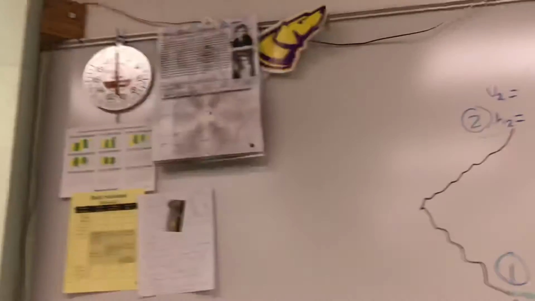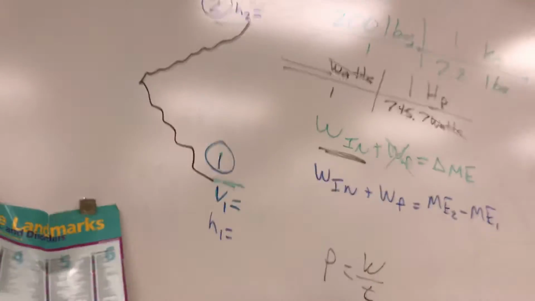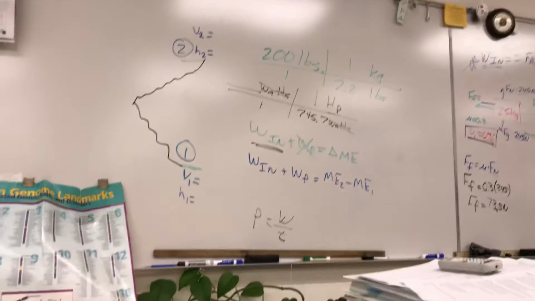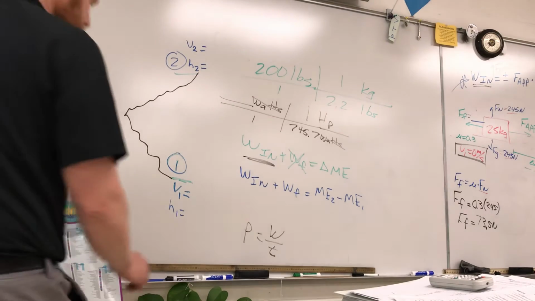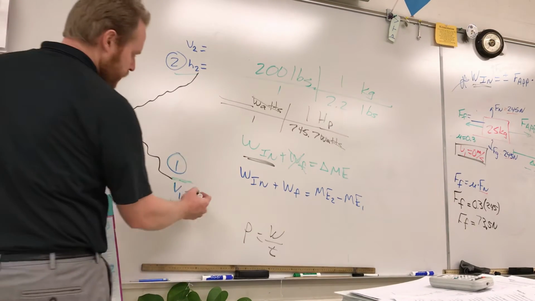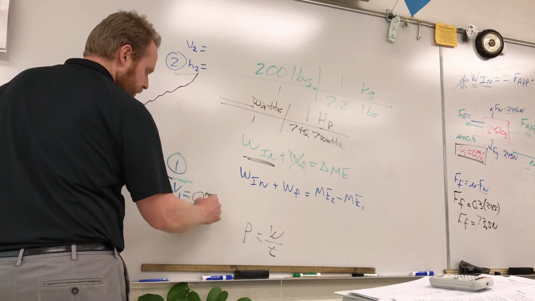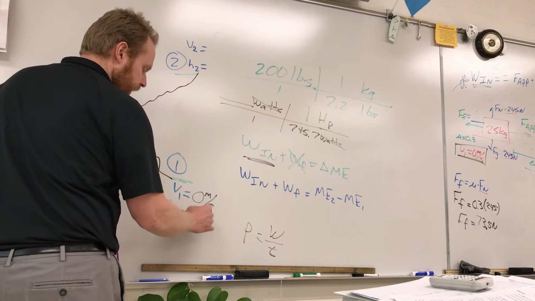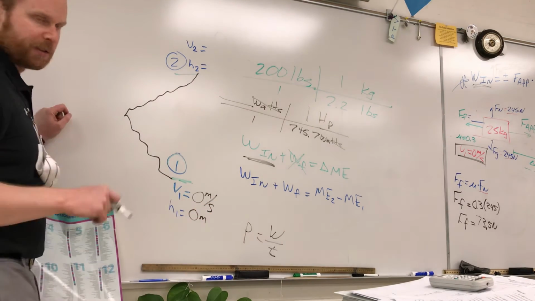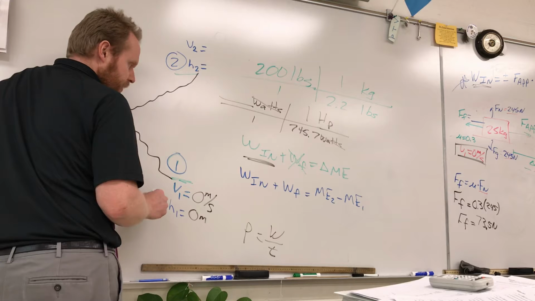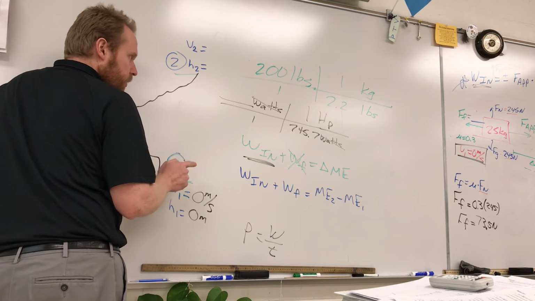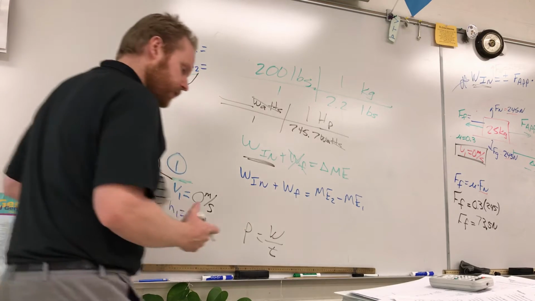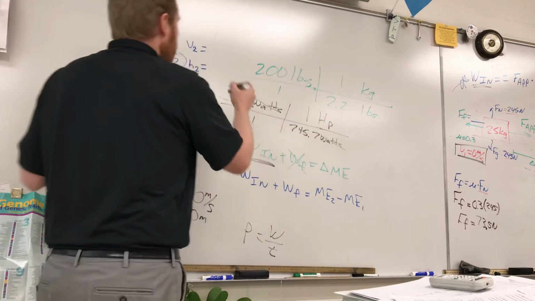So if we look at my wonderful picture on the board, we can talk about a few things. We are gonna make some of the same assumptions that we did with Matthias, that when you start at the bottom of the stairs, your velocity is going to be 0. And I would define your height to be 0 too. It makes your life really, really easier. Then, once you get to the top of this flight of stairs, you can't go up anymore.